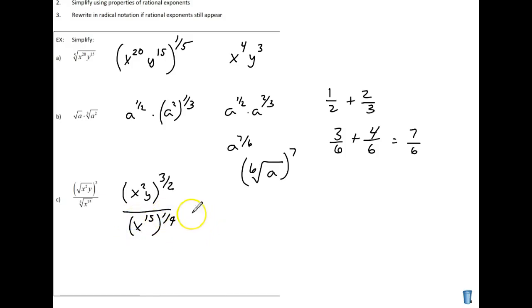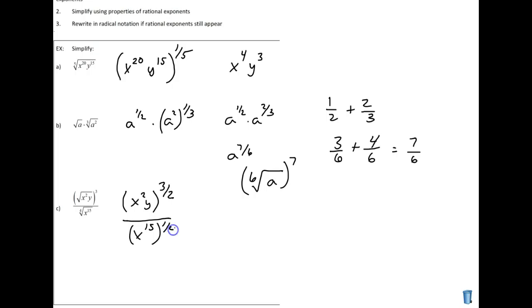Oh boy. It's not terrible though, we'll fix it. Okay. All right, so when I raise a power to a power, I multiply. So 2 times 3/2 becomes x to the 3rd and y to the 3/2. And in my denominator, I have x to the 15/4.